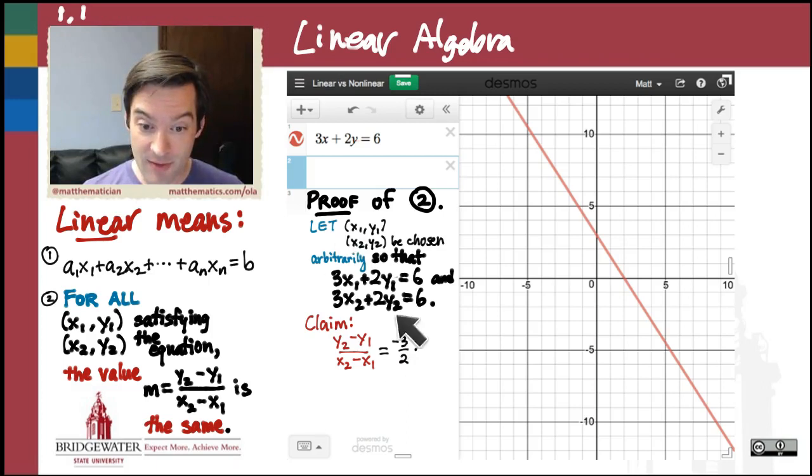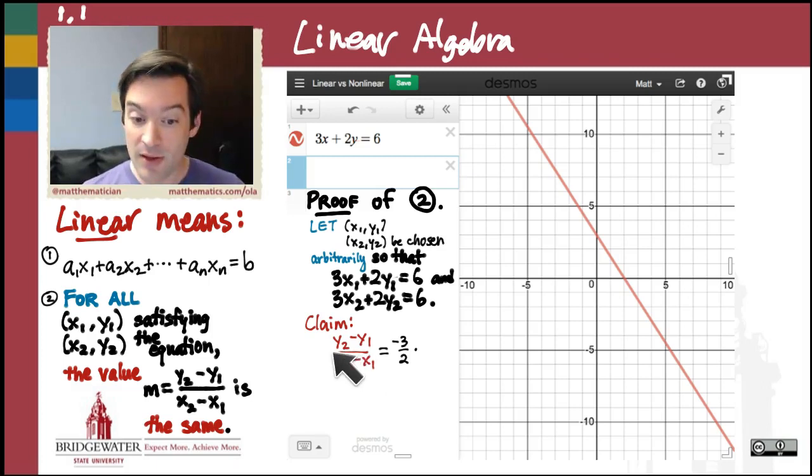And so because we're going to prove that this is always -3/2, regardless of the choices of x1, y1, x2, y2, that will satisfy the conclusion of this statement, that this value needs to be the same, regardless of the choices that were made by the universe for x1, y1, x2, y2. So all we have to do is to prove why this equation holds true, knowing nothing about the values of x1, y1, and x2, y2, other than the fact that x1, y1, x2, y2 satisfy these two equations.